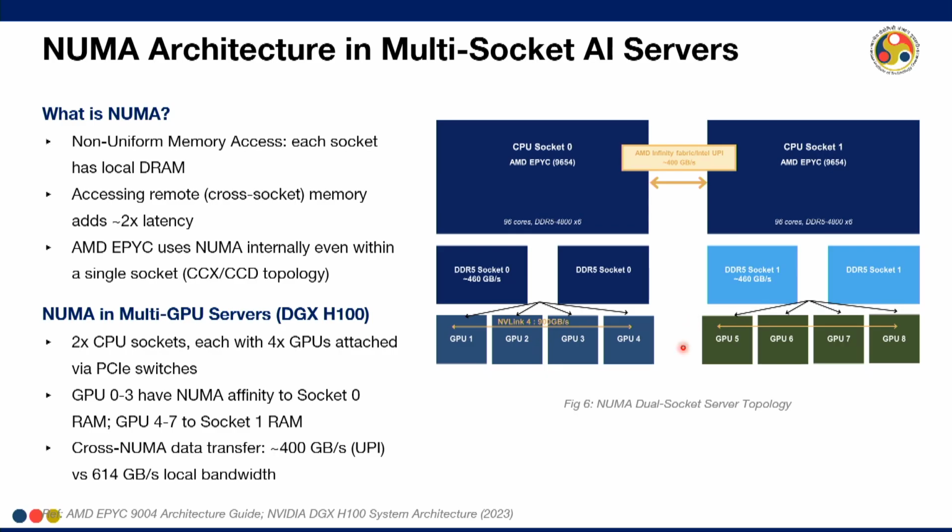Another NUMA architecture is the AMD EPYC system, which uses NUMA internally even with a single socket, using CCX or CCD topology for housing cores, DDR and GPUs. The DGX H100 system is a multi GPU server with 2 CPU sockets, each with 4 GPUs attached via PCIe switches, and they are connected with NVLink 4.